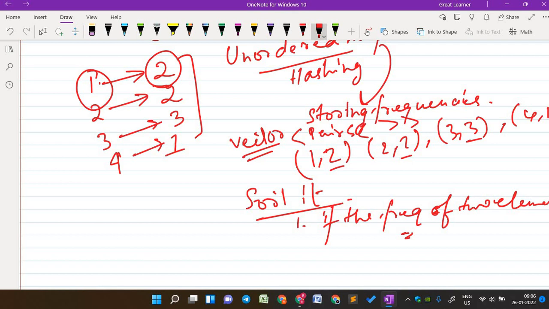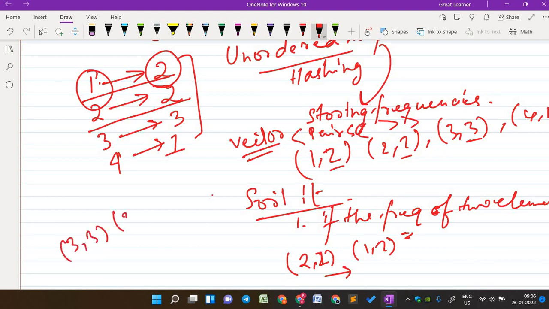For this example, 1 and 2 have the same frequency, so 2 will come first before 1. Otherwise, we sort according to the frequency. So the order will be 3 with 3, then 2 with 2, then 1 with 2, and then 4 with 1.